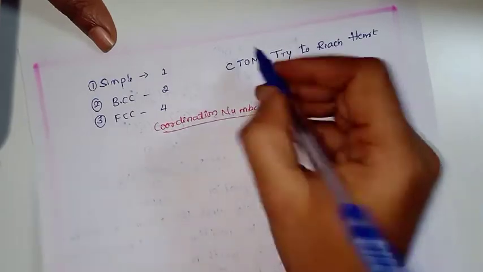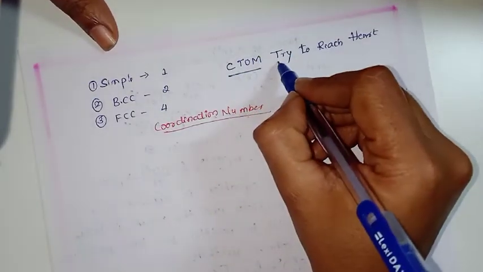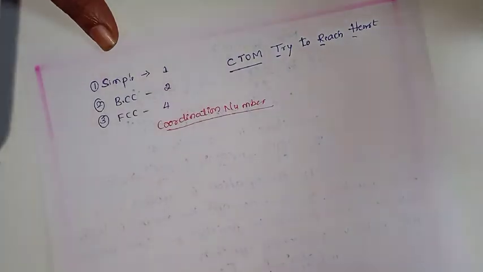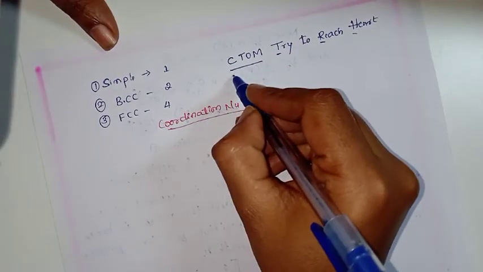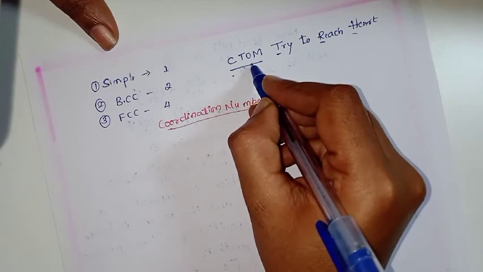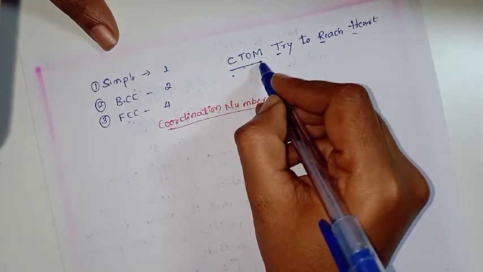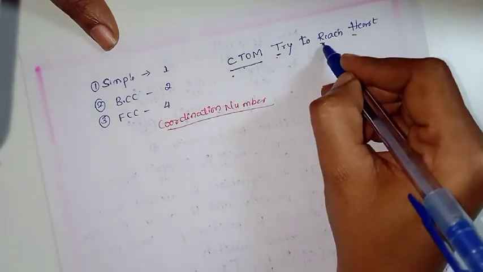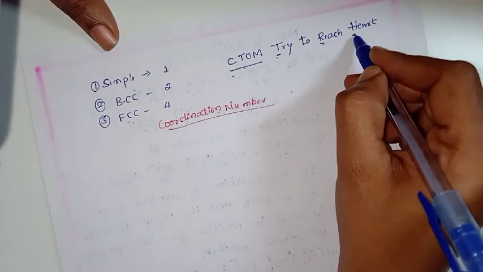See Tom is a person, so he is trying to reach your heart. C means cubic, T means tetragonal, O means orthorhombic, M is monoclinic, trigonal, then rhombohedral, H is hexagonal.